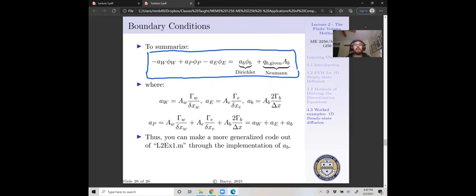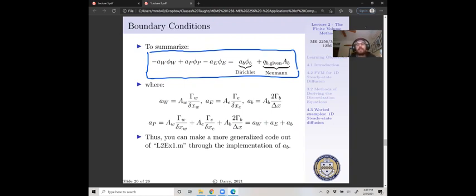The A west coefficient, or the negative thereof, is the first off diagonal, your lower diagonal. Then you have AP leading phi P, which is the diagonal of your coefficient matrix, minus A east, which is a coefficient to phi east, the negative thereof, which is now the upper diagonal. And this would be equal to your Dirichlet boundary condition, AB phi B, and it would then be plus a Neumann condition if you have that.